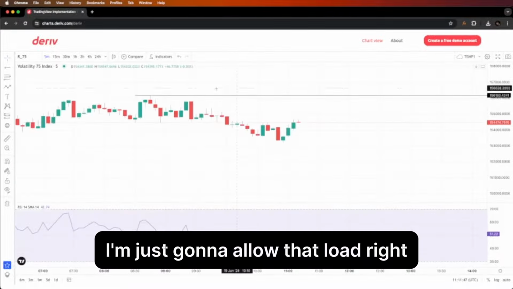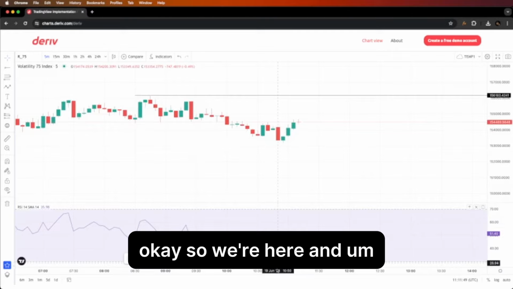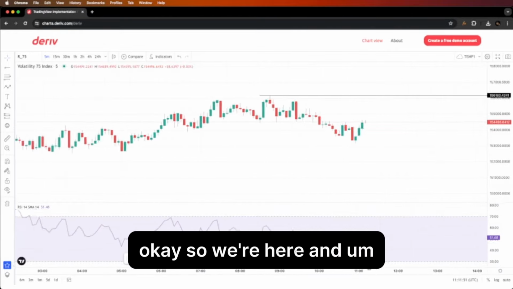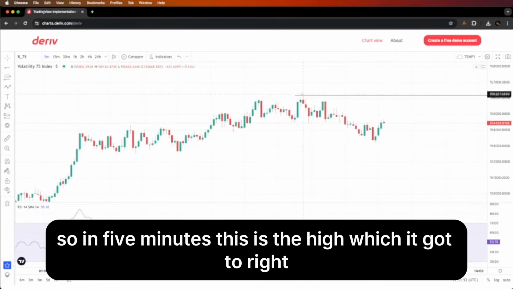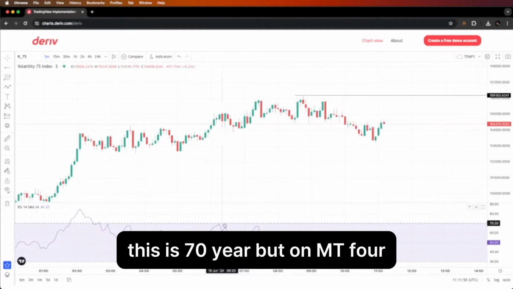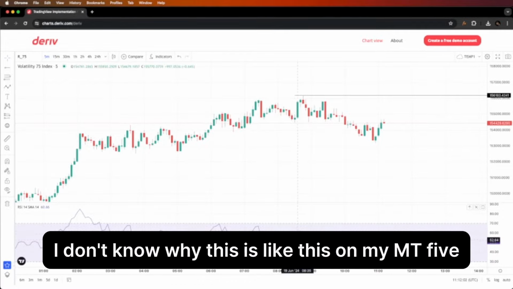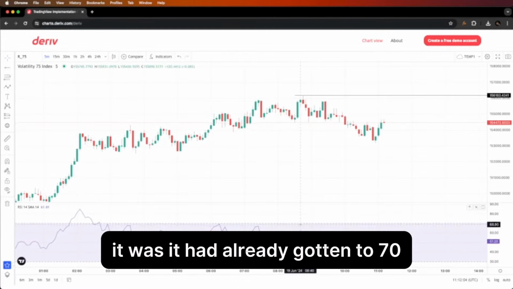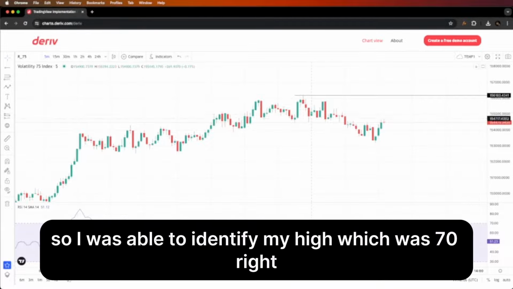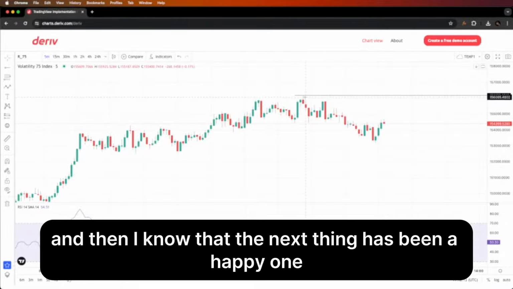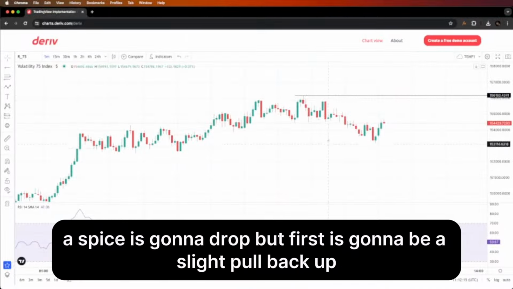I'm just going to allow that to load. Okay, so in 5 minutes, this is the high which it got to. This is 70 here, but on MT4, I don't know why this is like this. On my MT5, it had already gotten to 70, so I was able to identify my high, which was 70. And then I know that the next thing that's going to happen is price is going to drop, but first there's going to be a slight pullback up.